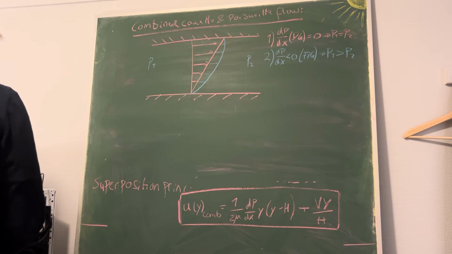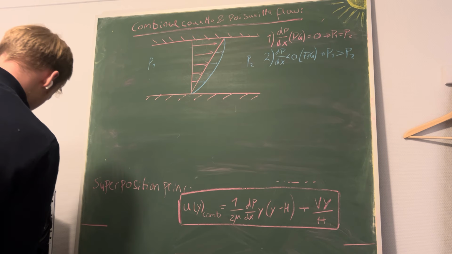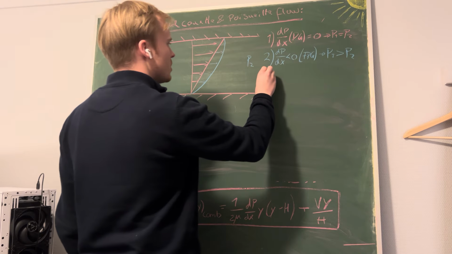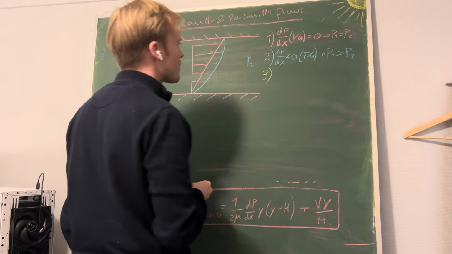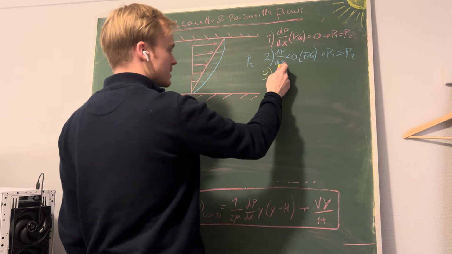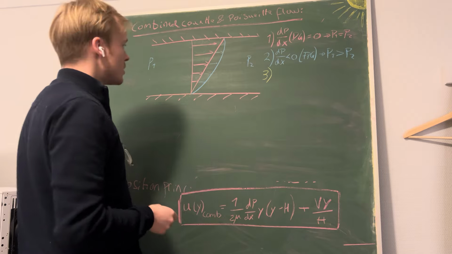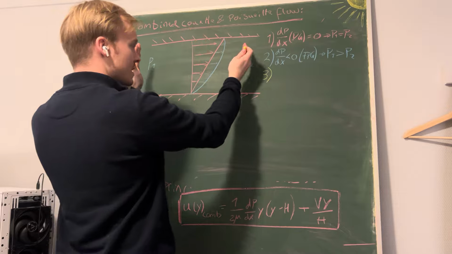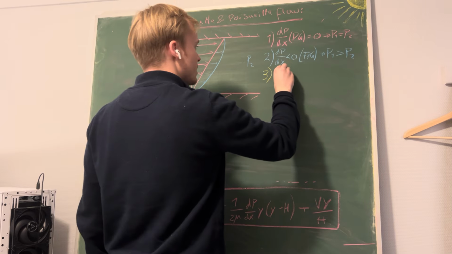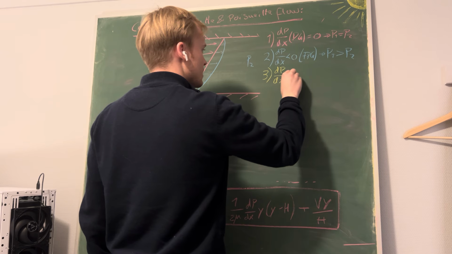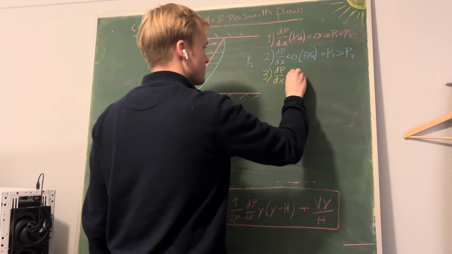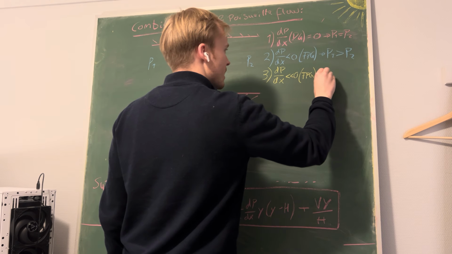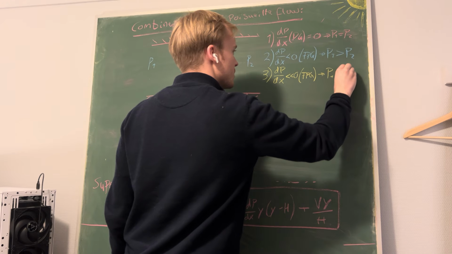And then we could do another one. Let's see. We can do a yellow one, number 3. What happens if we make this pressure gradient even larger? Meaning that we have an even higher value for P1 and an even lower value for P2. So dP dx is much smaller than 0, which is still a favorable pressure gradient case, but now P1 is much bigger than P2.